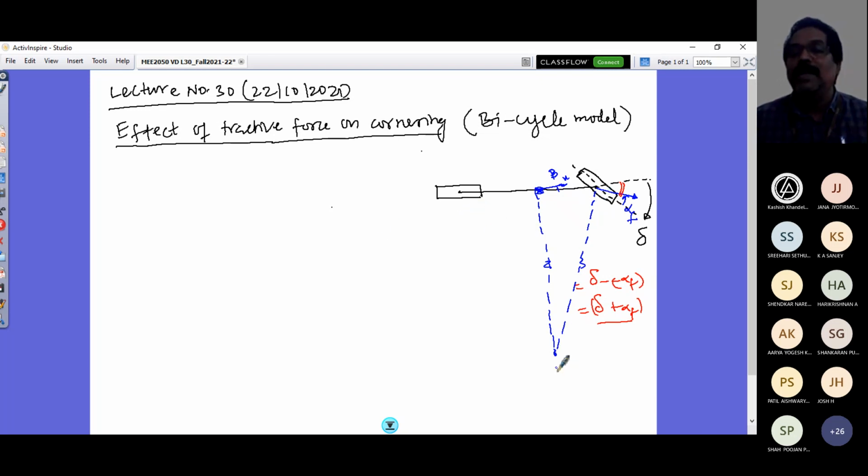So if this is my ICR and if this is my vehicle representation CG, and this is my rolling radius, the radius of curvature of my track, I would have now, by joining this line to this, and correspondingly perpendicular to that, the velocity.